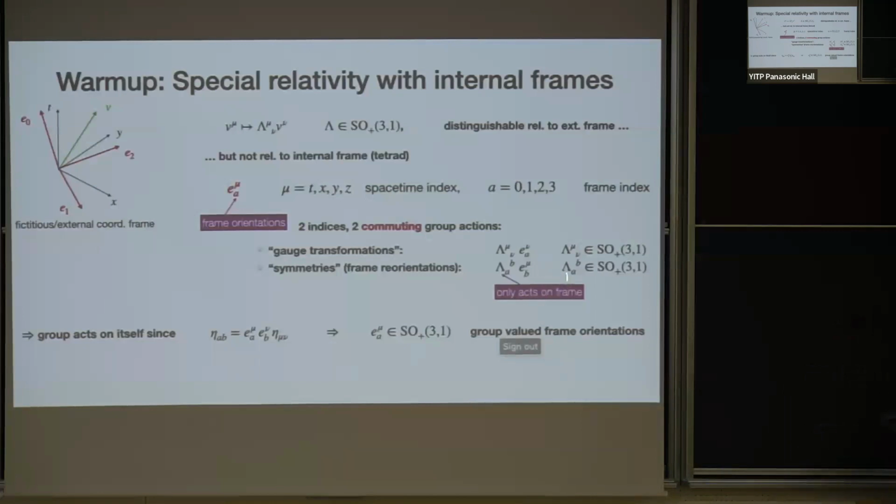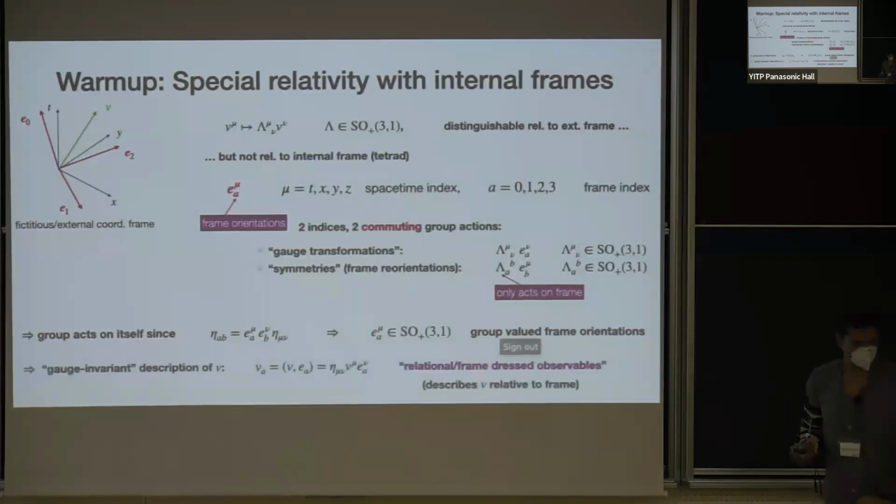And so here, the group really acts on itself. Now we can look at gauge invariant objects, and gauge invariant means invariant under these transformations. As we just described, we contract the vector with the tetrads. You only have the frame index now, and of course that's invariant under such transformations. We can call that a frame dressed observable or relational observable, and it describes this velocity as seen by that reference frame.